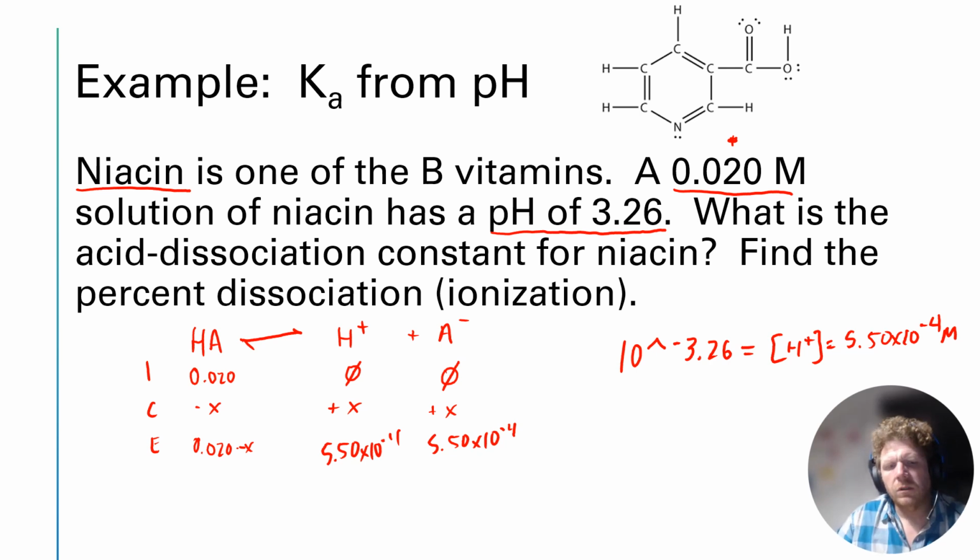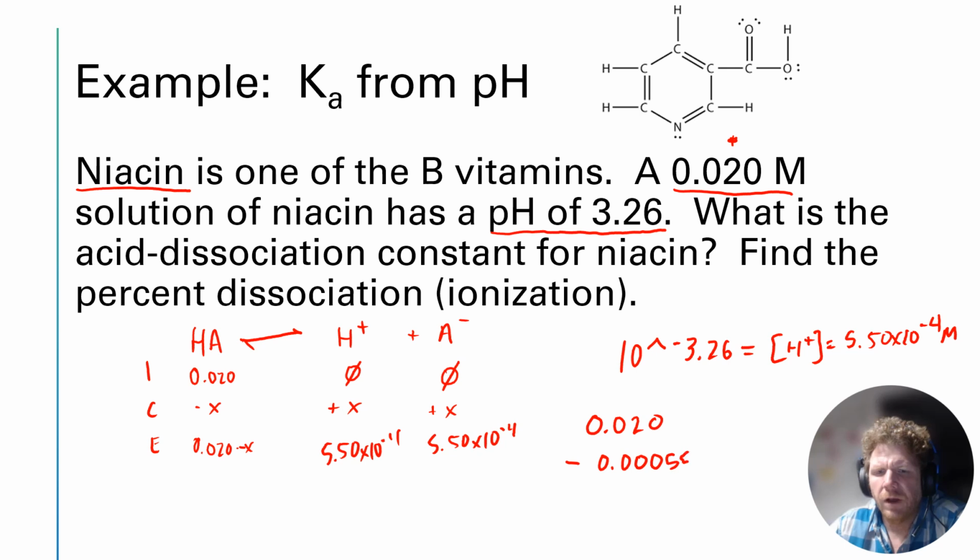Now, what this also gives me is I know that that is the amount of hydrogen ion, and I can go ahead and say I know my HA, 0.020, that's my initial concentration, minus 0.000550.